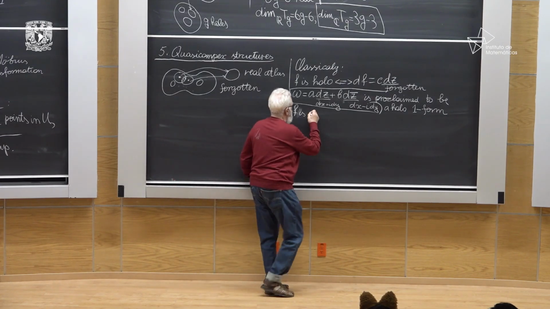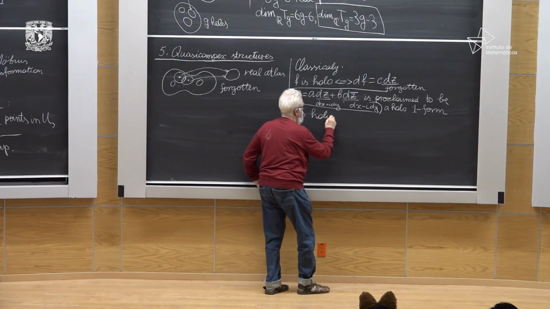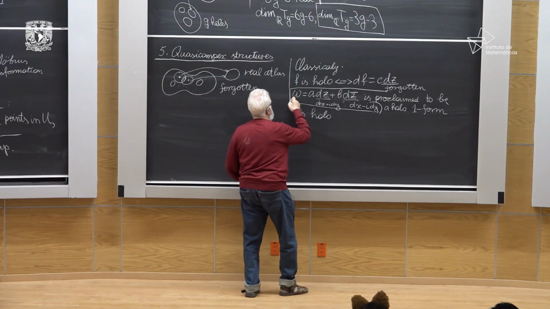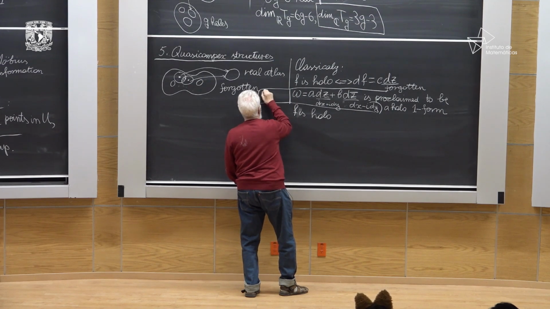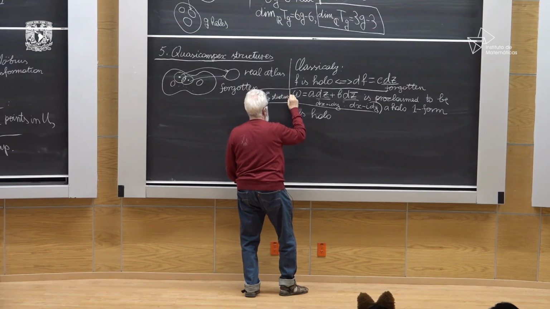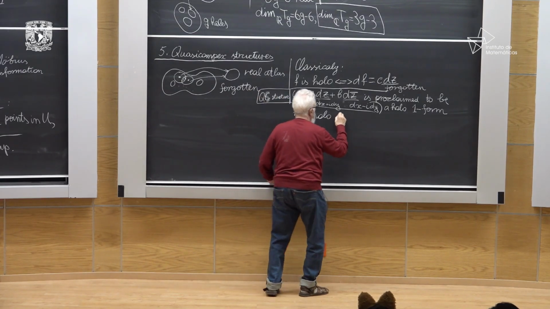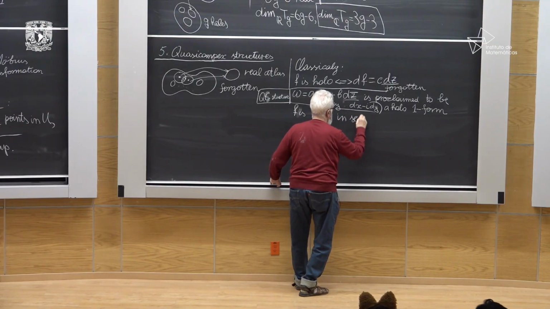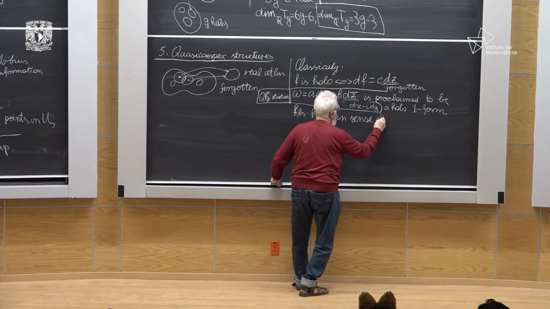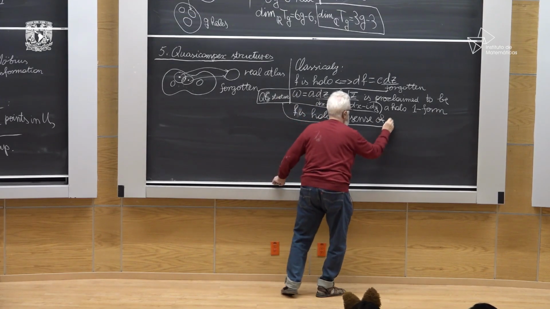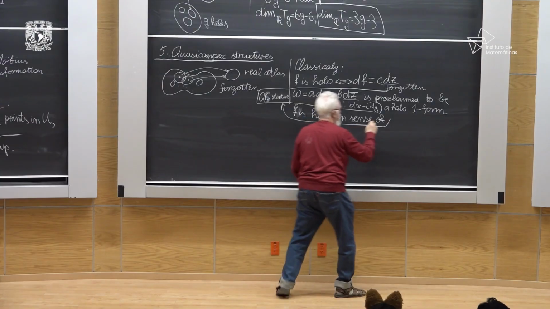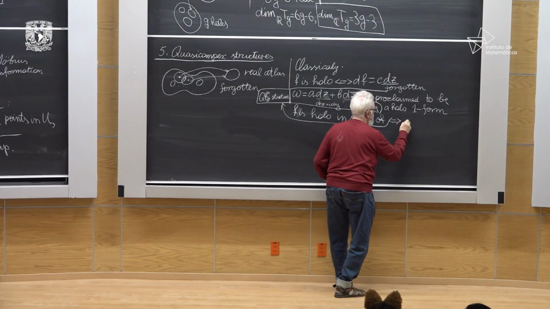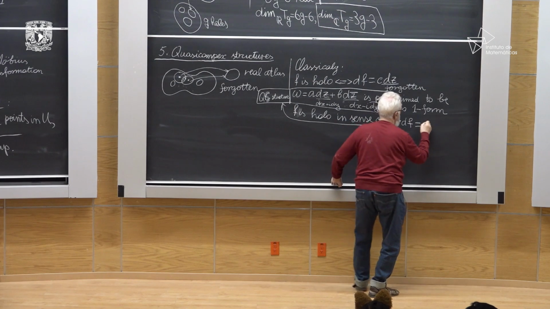So f is holomorphic, and this form is called quasi-complex structure. f is holomorphic in the sense of this quasi-complex structure if and only if df is proportional to omega.